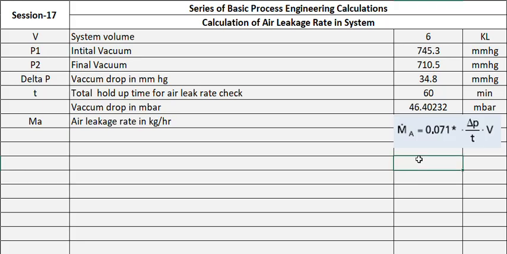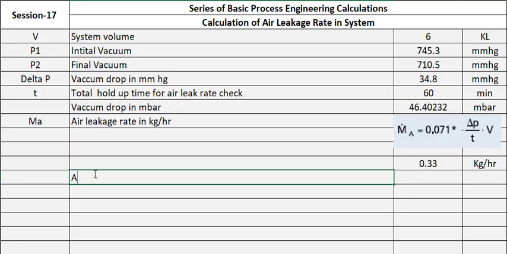So we will calculate that here: 0.071 into the vacuum drop delta P into the system volume divided by the time we have considered for performing that test. It's 0.33. So it's the air leakage rate in kg per hour.